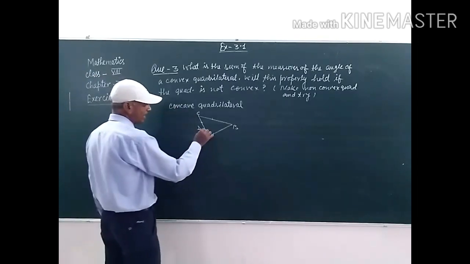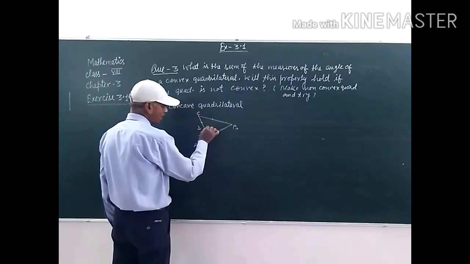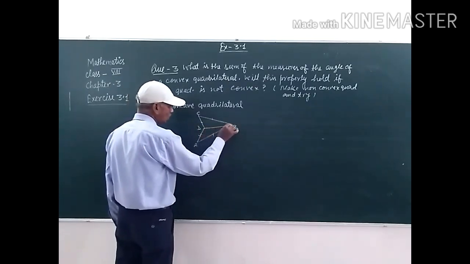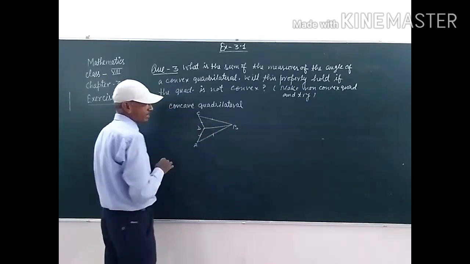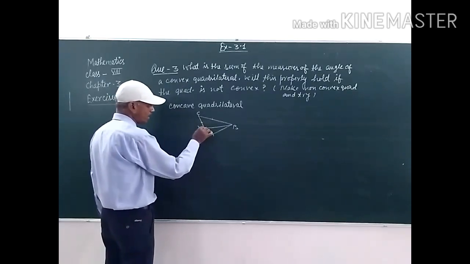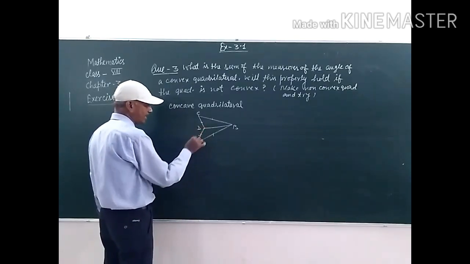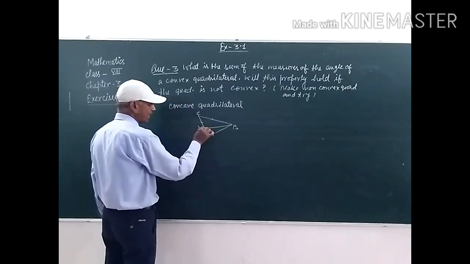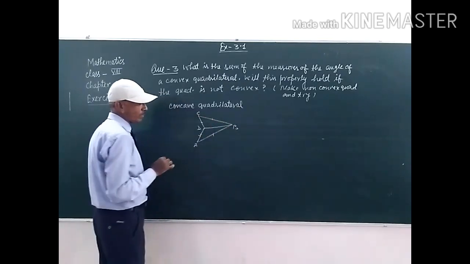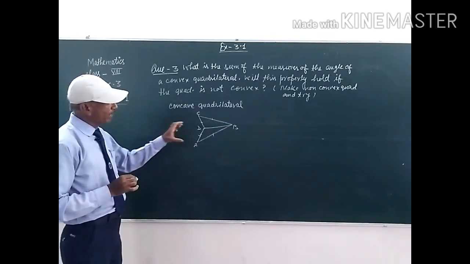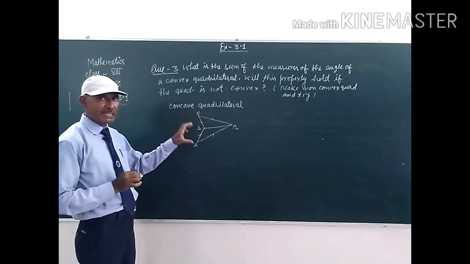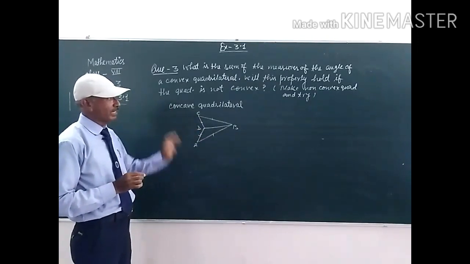Now we have to divide this quadrilateral into two parts, or two triangles. So this one is triangle DAB and this one is triangle DCB. Now we have to find the sum of all interior angles of this quadrilateral.